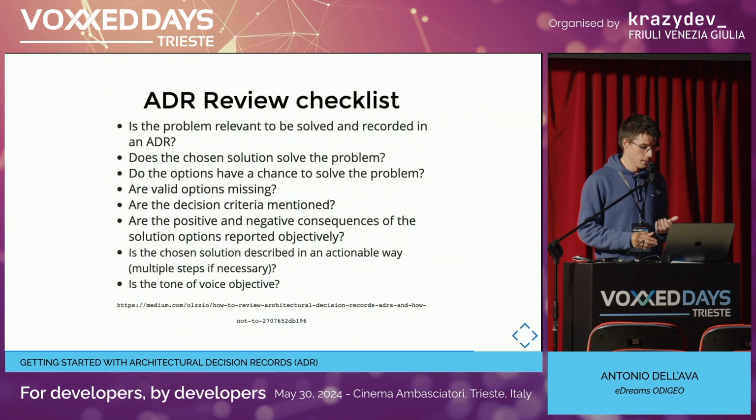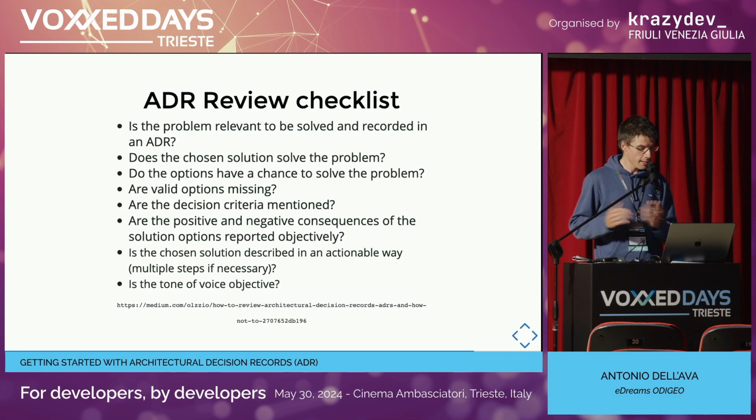And then keep in mind what our findings in the exercise were. Is the problem relevant to be solved and recorded as an architectural decision? Does the solution solve the problem described? There is this matching. All the options described, are they going to solve the problems? Are there valid options missing? Are the decision-making criteria mentioned?